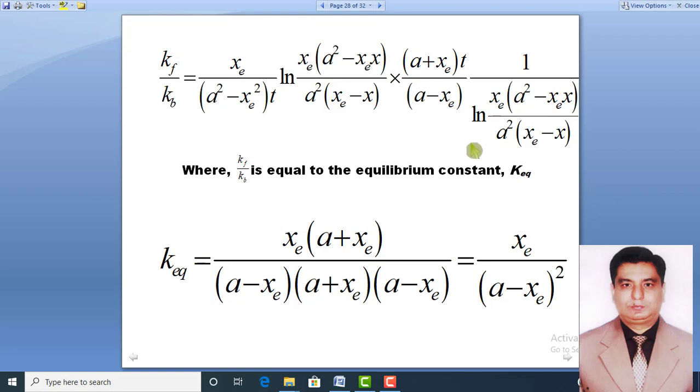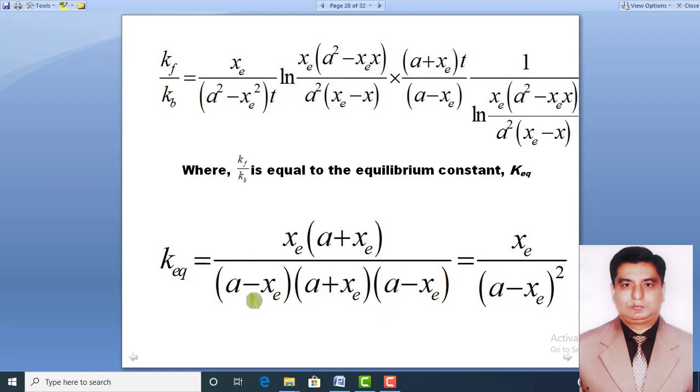This log natural will also come along with a square into xc minus x. This kf over kb ratio is called the equilibrium constant. So the equilibrium constant will be equal to xc into a plus xc over a minus xc into a plus xc into a minus xc. It is equal to xc over a minus xc square.